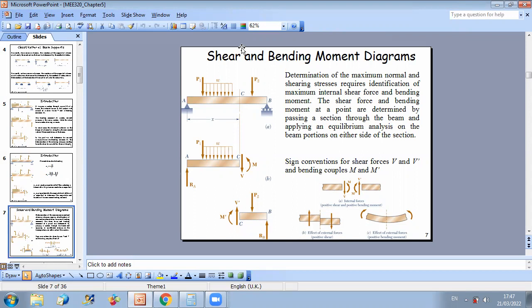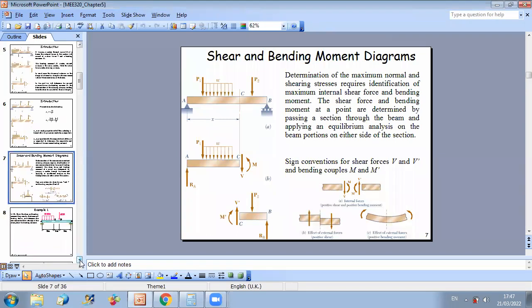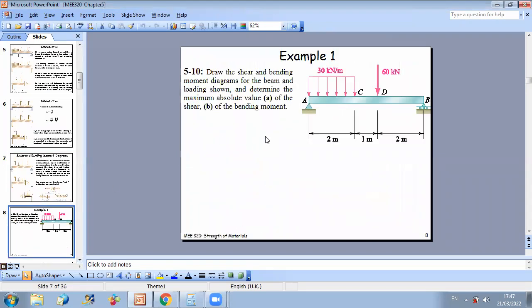And you can see here the convention for shear and bending moments that we discussed together. Okay. Now, let us start to do some examples to practice on this and refresh your memory about how to draw shear and bending moment diagrams.